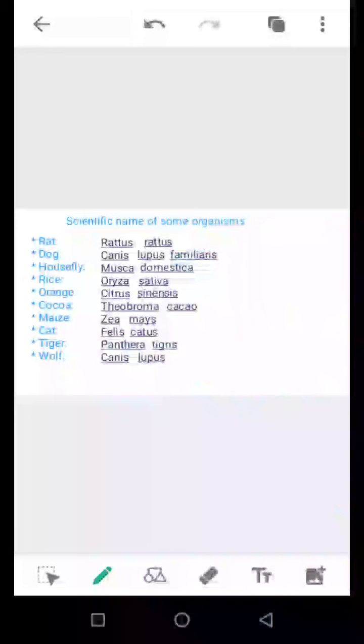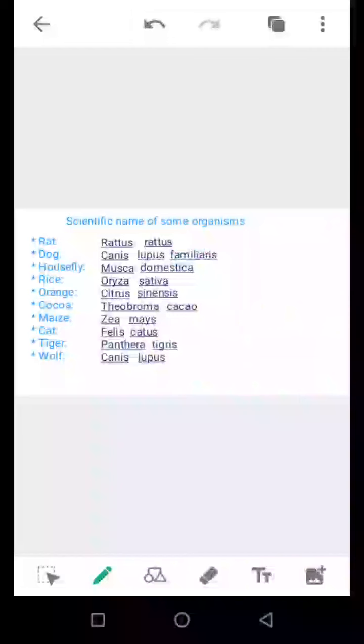The second organism on the board is dog. We all know dog, the dog that barks. So the scientific name of dog is Canis lupus familiaris. On a normal day, we stop at just Canis and lupus, but because dog is a subspecies, familiaris, we have to indicate it there.